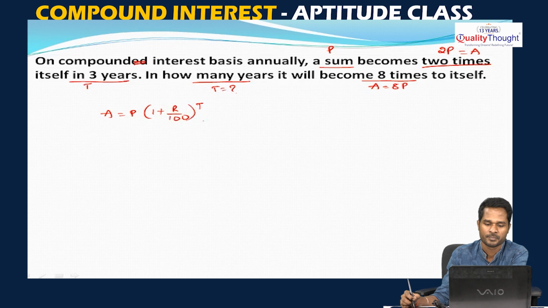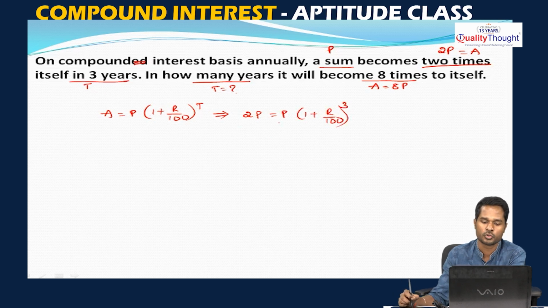The total amount has become 2 times the principal amount, that means A has become 2P, equals P into 1 plus R by 100. In how many years has this become 2 times? In 3 years. So the P value has become 2P in 3 years.